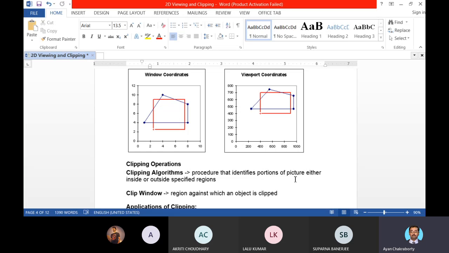Some portions of this object are outside of the window coordinate or viewport coordinate in both images.